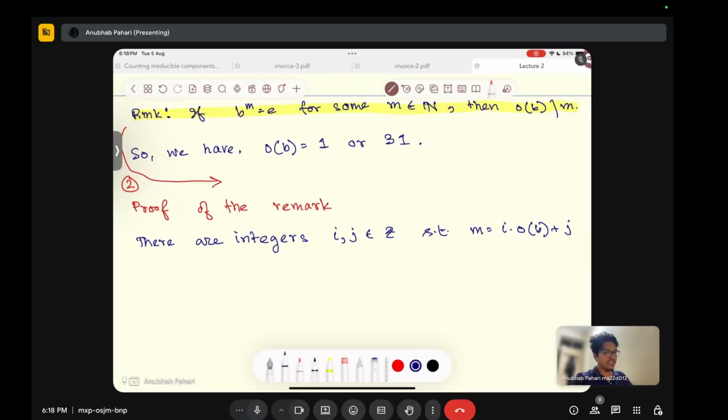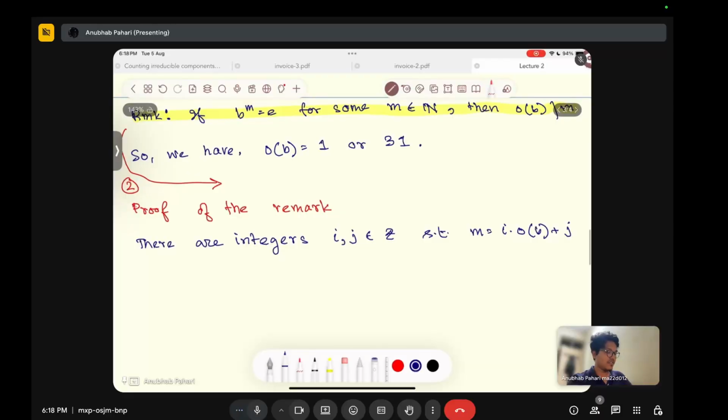But this is a much more general result for an integral domain or Euclidean domain, but those will come later. The motivations for all these things come from the integers and the rational numbers. Okay, there are integers i, j from Z such that this, and j runs from 0 to less than order of b.